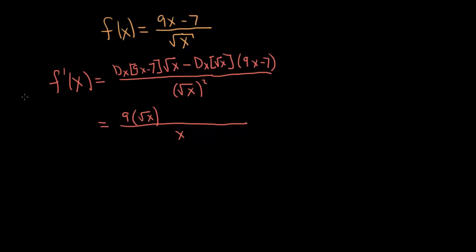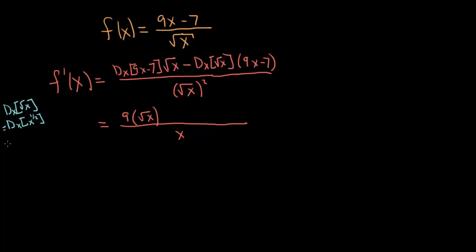Now, just off to the side, to take the derivative of the square root of x, we first need to write that in exponential form, so x to the 1/2, and then use the power rule.